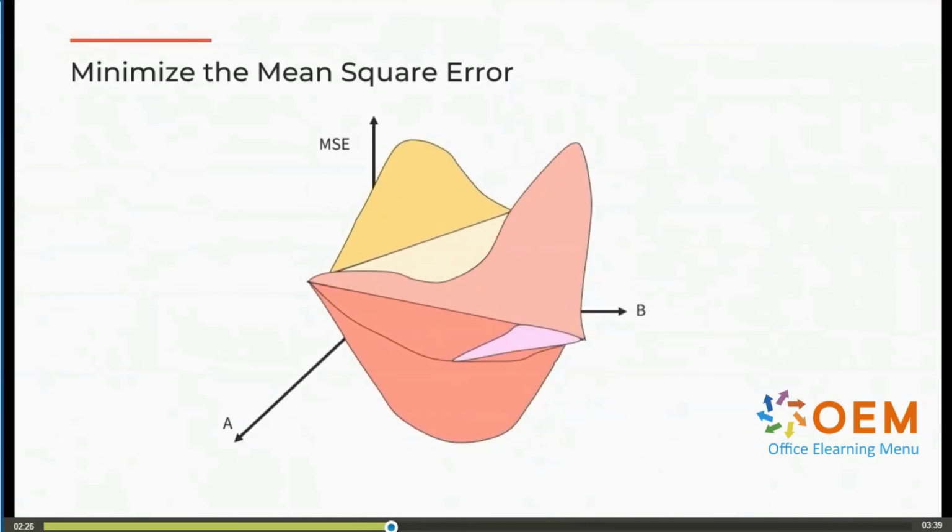Now, A and B can have any combination of values, and for different values of A and B, the mean square error of the model can be different, and maybe it's represented using the slope that you see here on screen. So for certain values of A and B, the intercept and the slope, the mean square error loss can be very high, and for other values, the mean square error can be very low. And for other combinations, it's somewhere in between here on the slope.